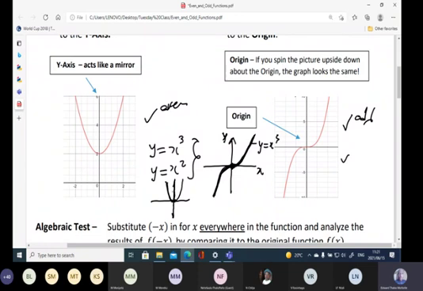So the y-axis actually acts as a mirror. You see the same thing. So this one will basically be an even function. So basically that is that. You must be able to interpret in that way. But I'm still going to cover it again.